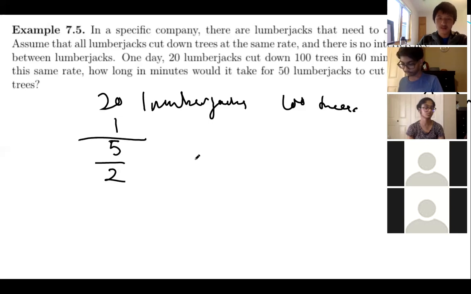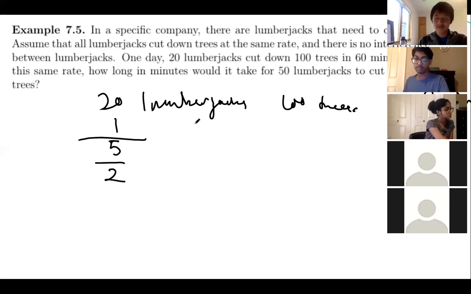So 1 over 5/2. And at the same time, we also reduce the number of trees that they have to cut down from 100 to only half that amount, 50 trees.